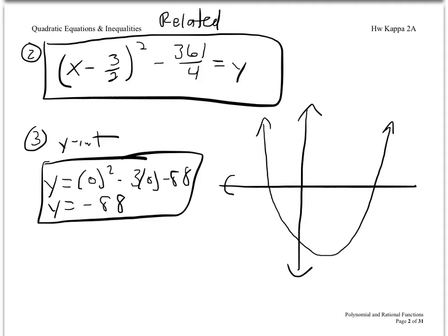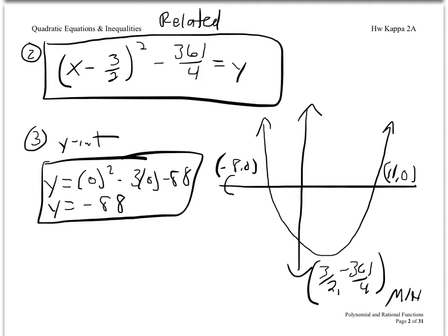So we put all that on here. And we have our graph. And that's finished.